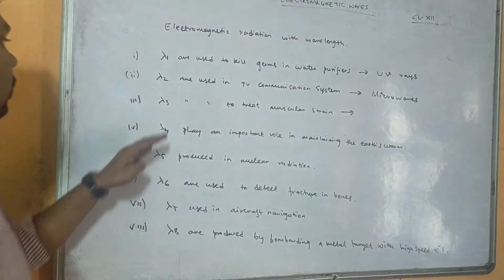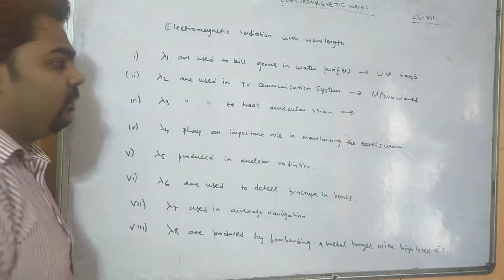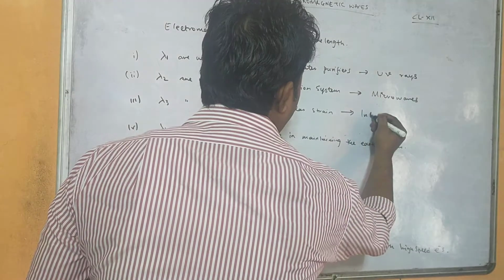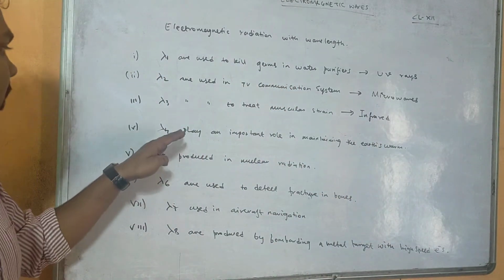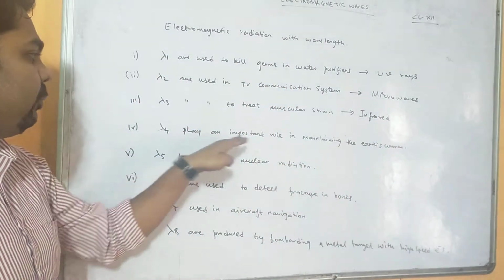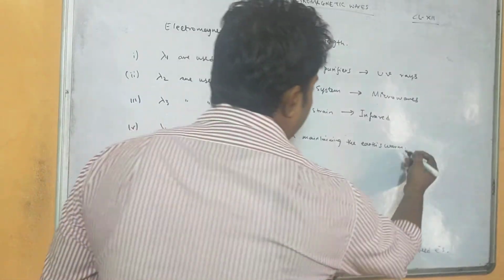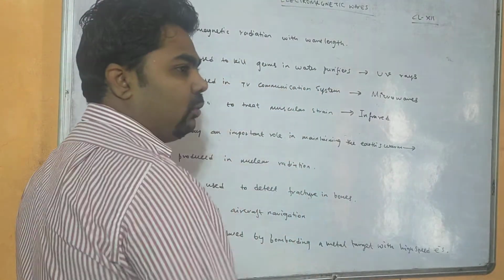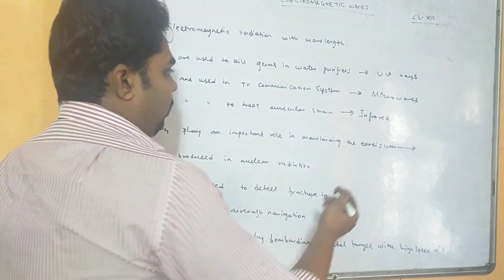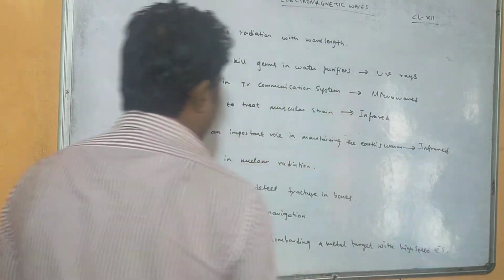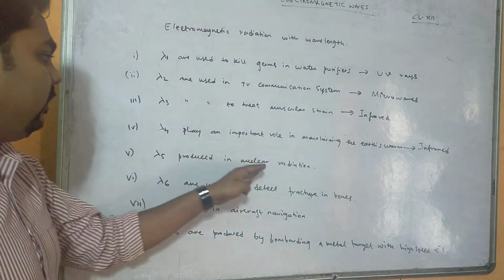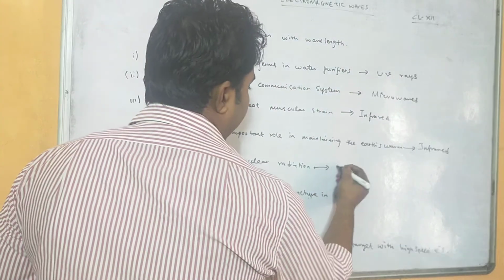Similarly, which is used to treat muscular strain, that is infrared. Radiation which plays an important role in maintaining the Earth's warmth, that means for global warming, for the greenhouse effect, we use infrared. Next, the radiation produced in nuclear reactions, that is gamma rays.